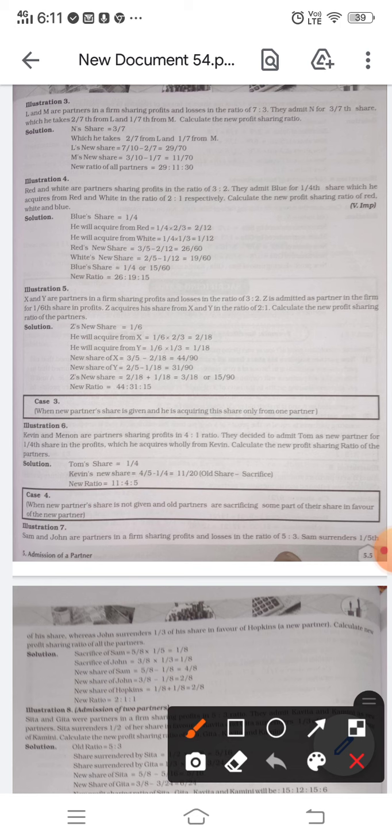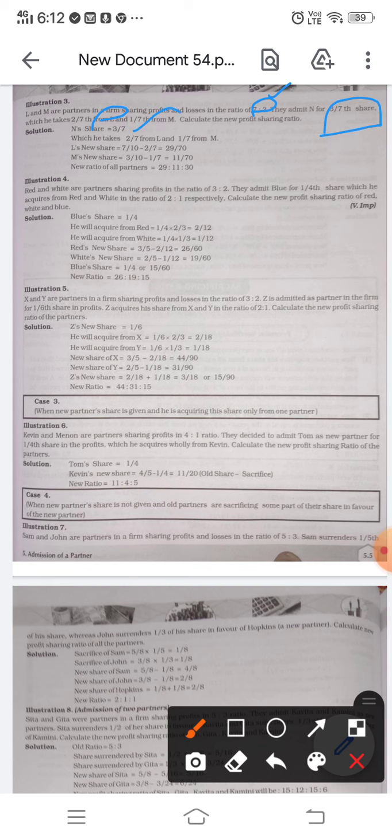There are two partners in the firm and the old profit sharing ratio is 7:3. They admitted N as a new partner, and his share of profit is 3/7, which he takes 2/7 from L and 1/7 from M. So this is the new share coming in with the partner N. They asked to calculate the new profit sharing ratio.